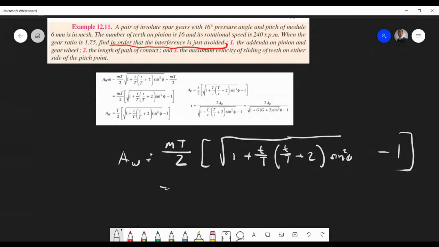The given module is 6. Now, do we have the pinion's teeth? We have 16 teeth. How many teeth do we have on the wheel, if I'm correct?